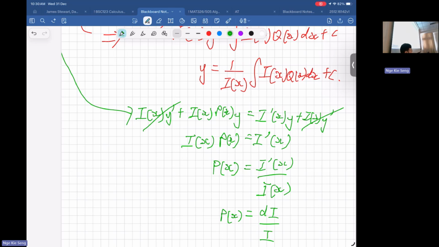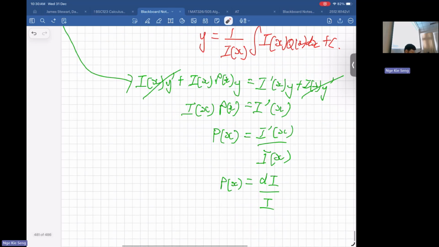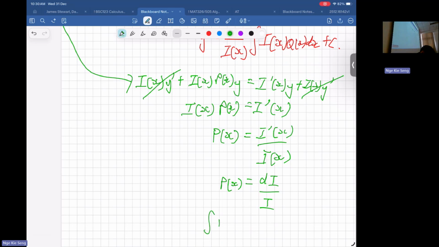Substitution rule? No need, right? This is just a separable equation, so you just integrate both sides.